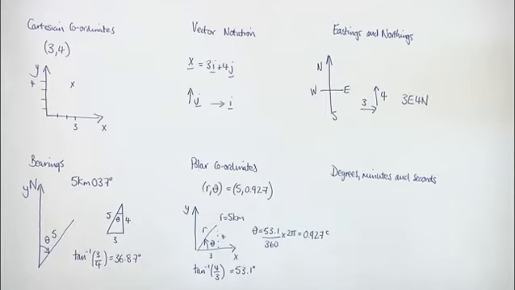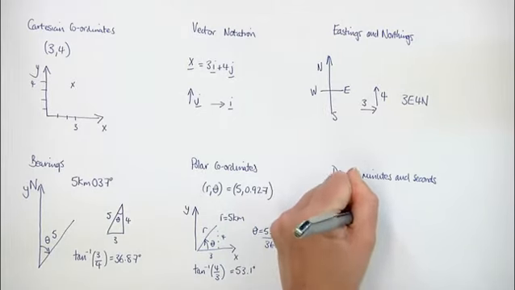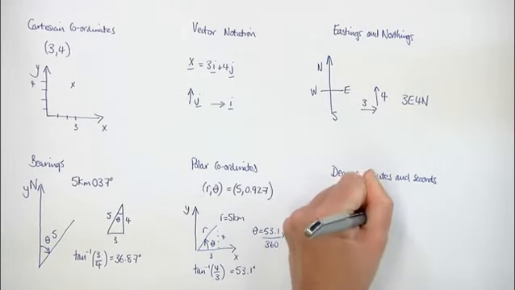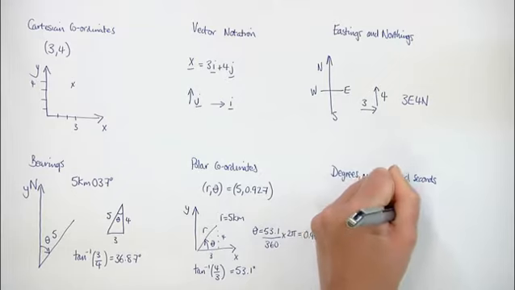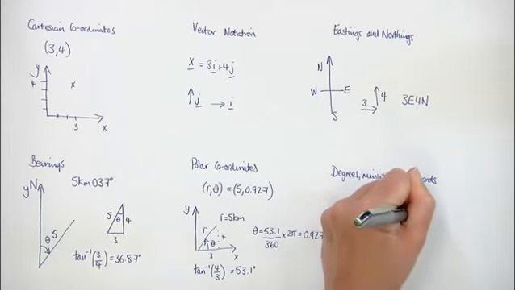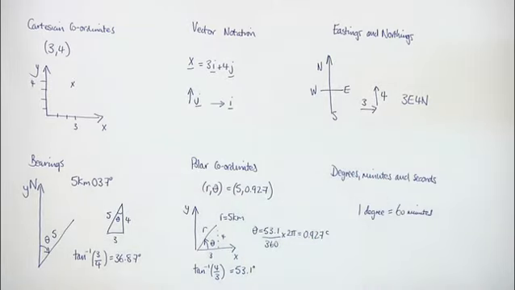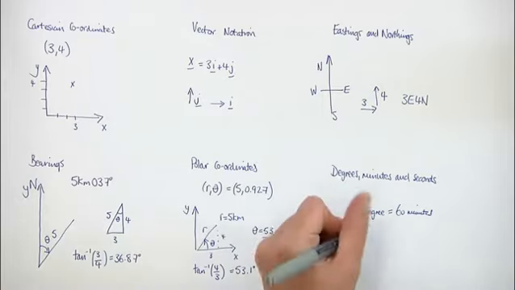Finally, a very small change in angle can mean a very large change in position if your distance from the origin is large. For that reason, we often measure angles to a high level of accuracy and write them in degrees, minutes and seconds. There are 60 minutes in a degree, there are 60 seconds in a minute.